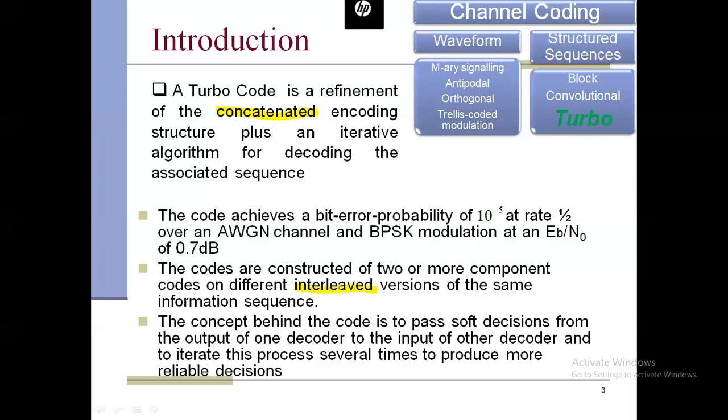So it means the error burst can span 4 bits or 4 symbols, and then it can be spanned over only one word.